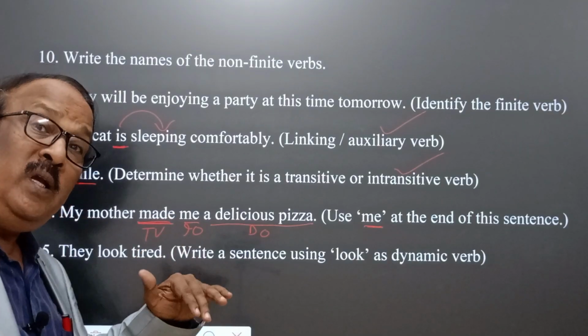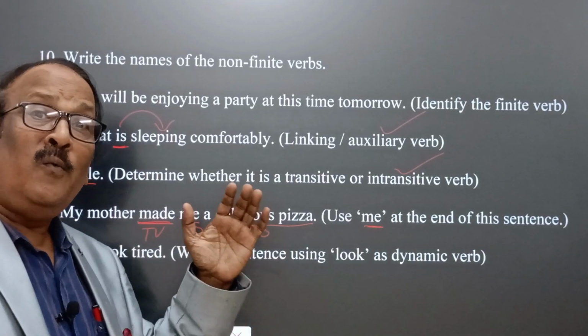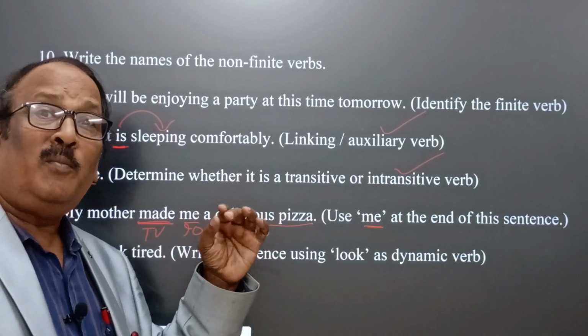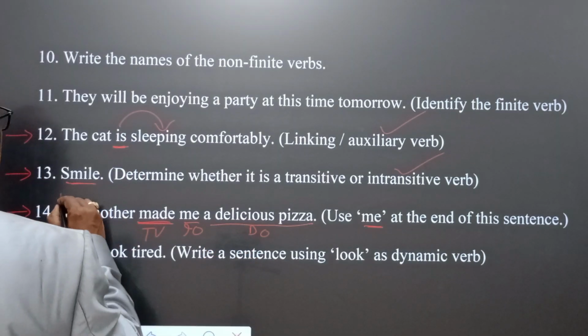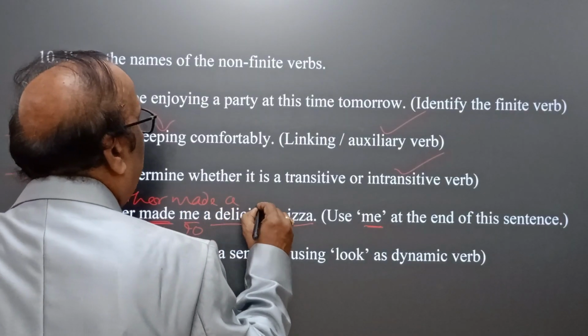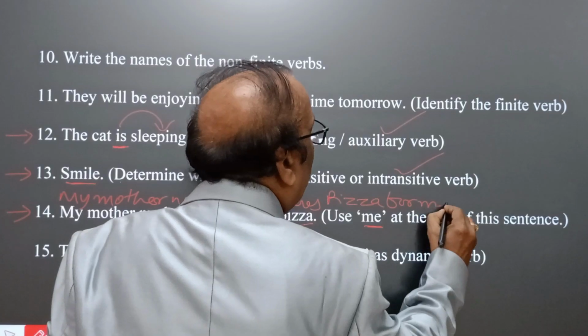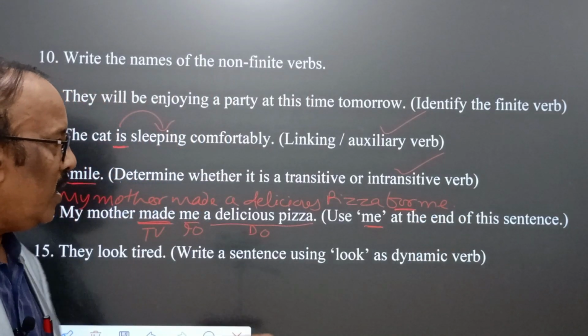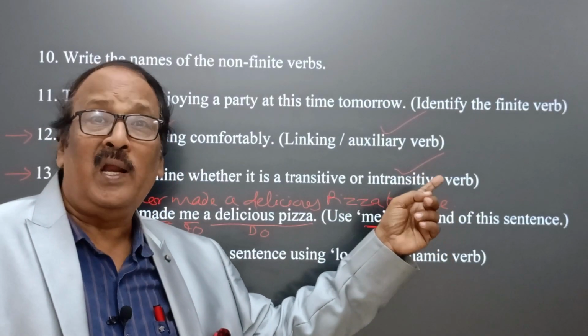But if we change the position, then definitely we have to take the help of the preposition to or for. We write: my mother made a delicious pizza for me. Okay, here we have to use the preposition for before me, the indirect object.